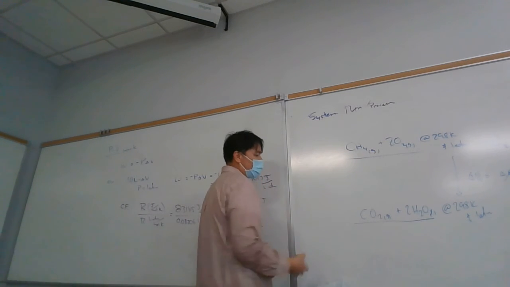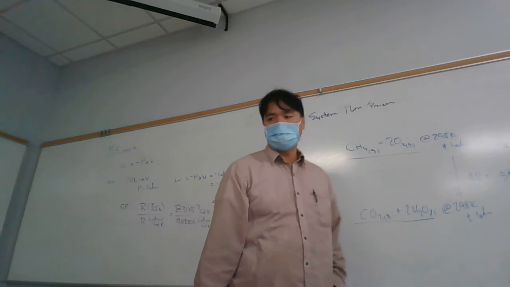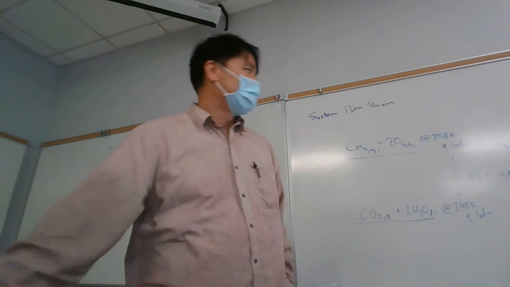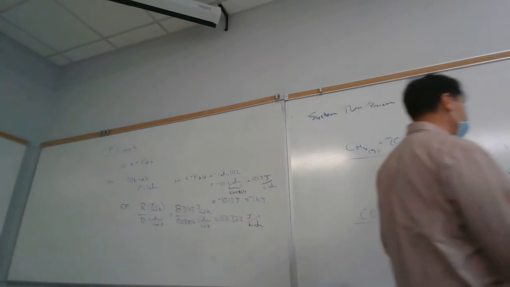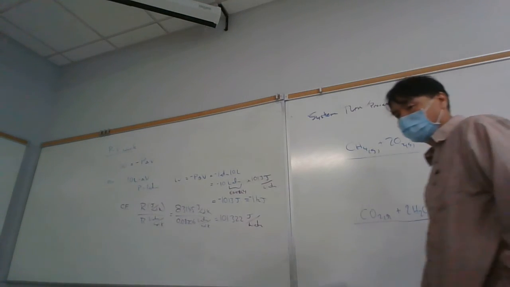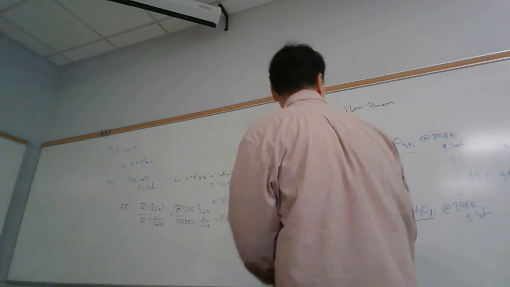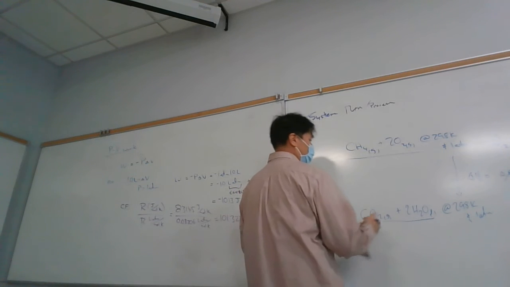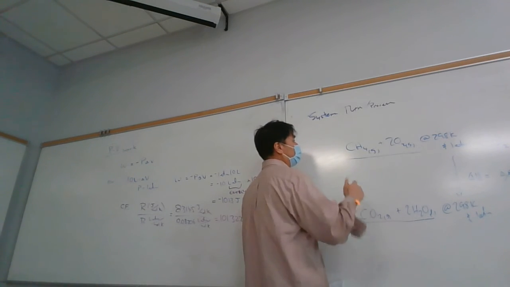There are 2 common ways that we do chemical reactions, and it's going to make a difference in terms of energy. The 2 common ways we could do this reaction are under constant pressure or under constant volume.